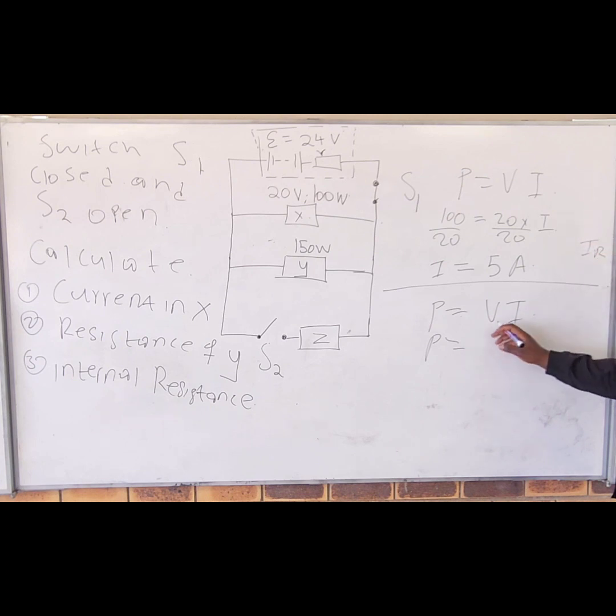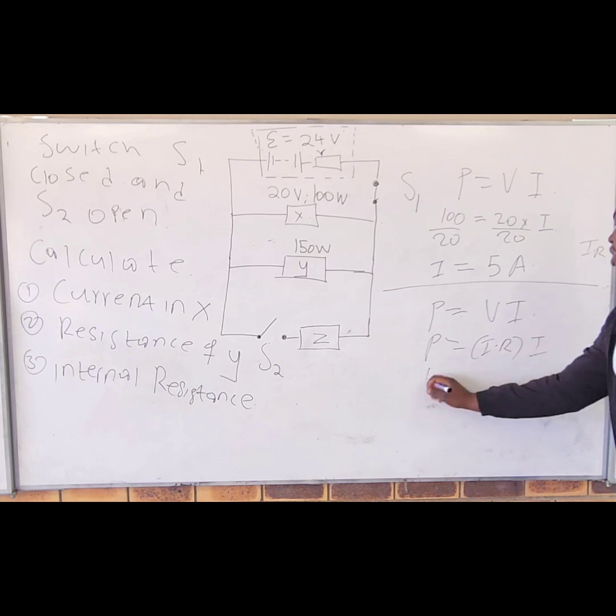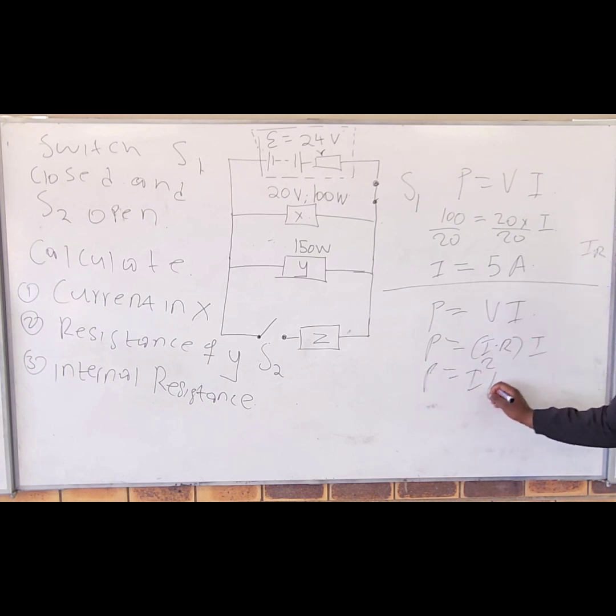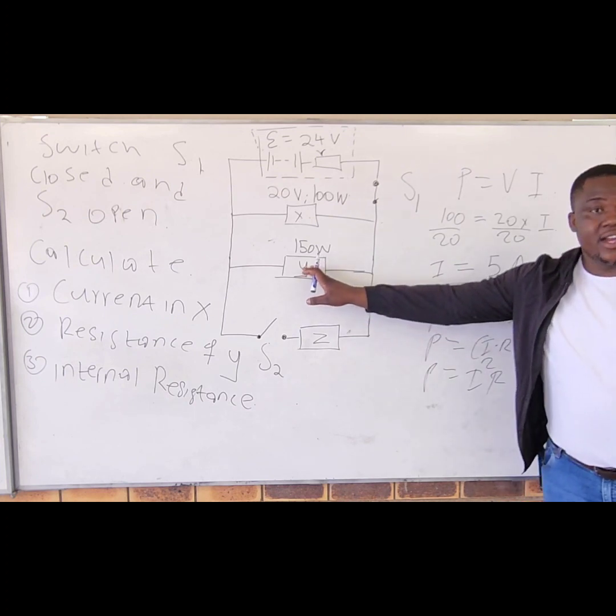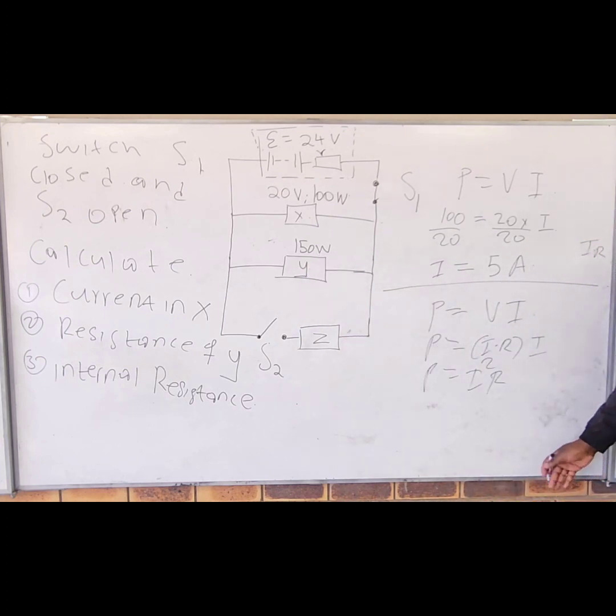So V equals IR, then P equals I squared R. Are we good? This is also a formula which we can use to calculate the resistance, right? But the problem about this formula is that we do not have the current here. We don't have the current. It is easy, we can calculate the current.